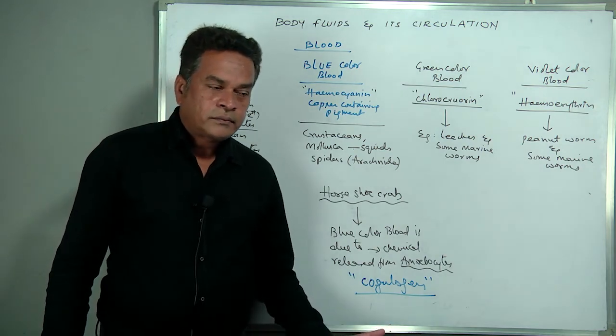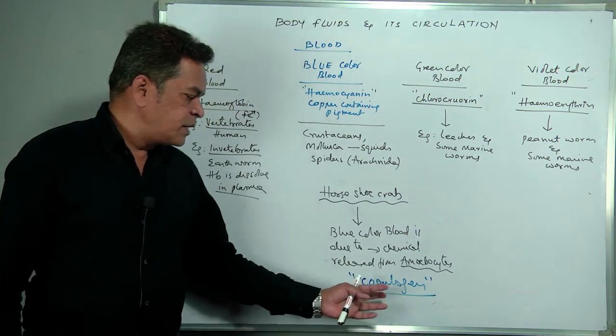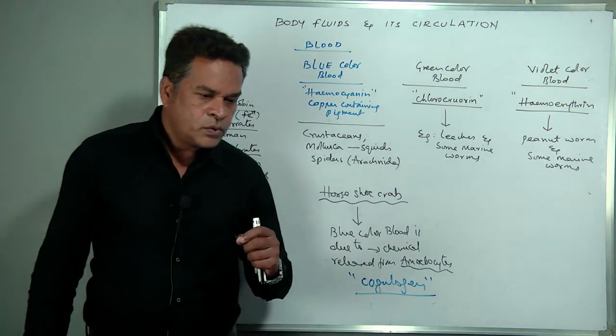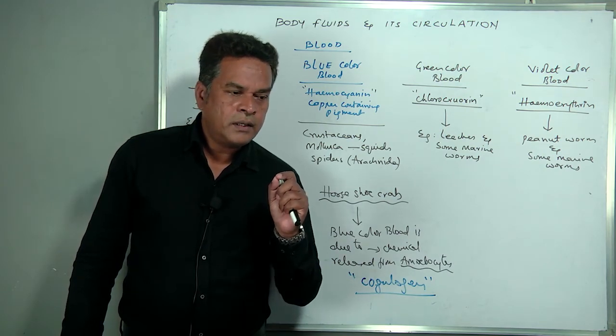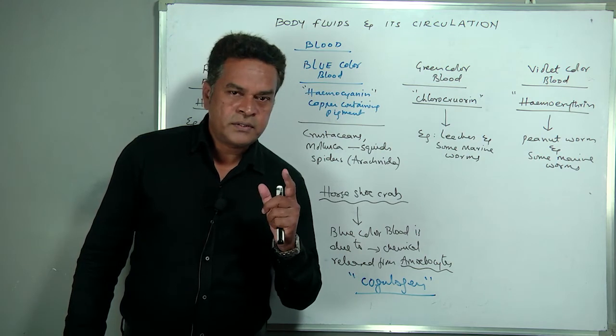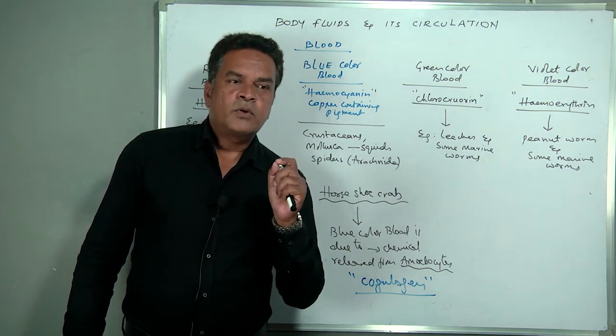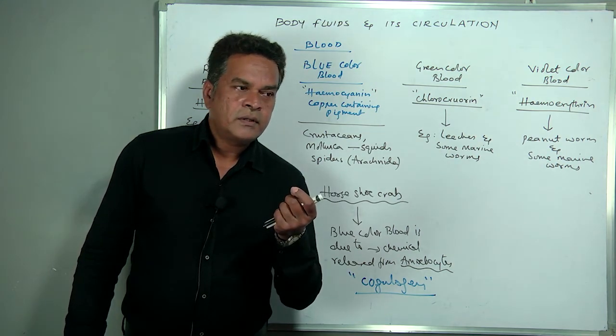Why? Because of its importance, this chemical can be used in detecting bacteria, or the bacteria that cause various diseases. A very trace amount, one part in not billion but trillion.